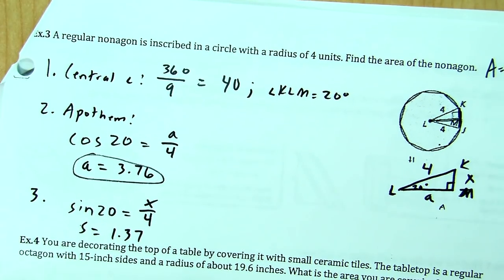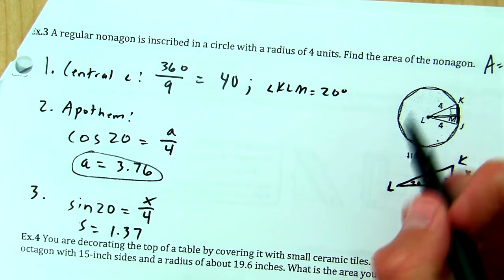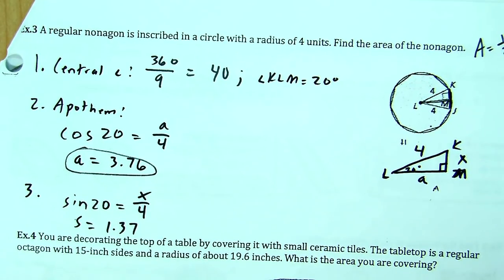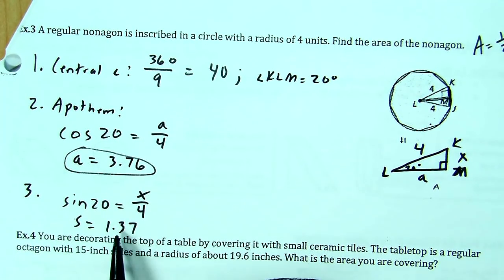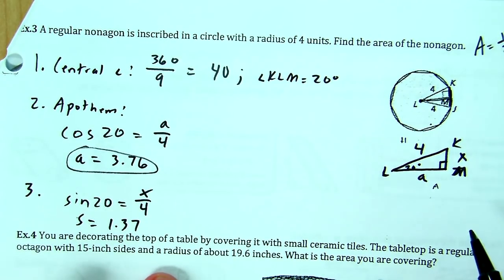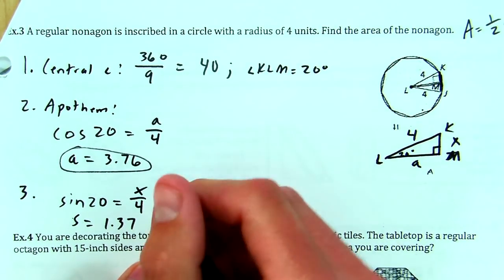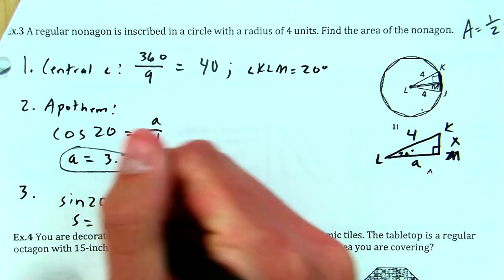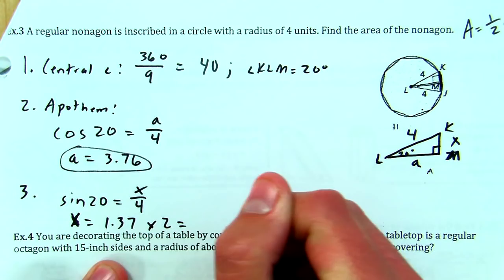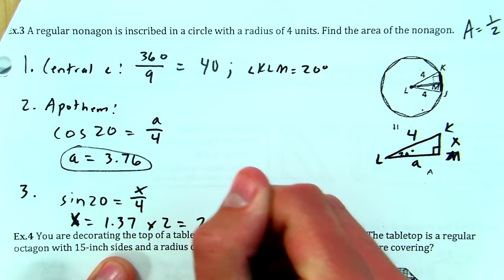Okay. Another way that you could think about it is if you have 9 sides, you have 18 half sides, so then you can multiply this by 18. I'm just going to think about it more traditionally. So I'm going to take this and multiply it by 2, which gets me 2.74.